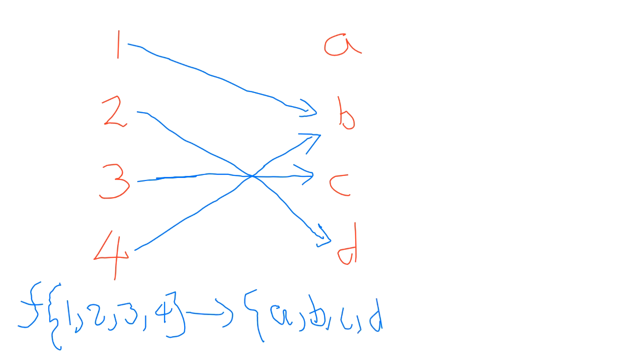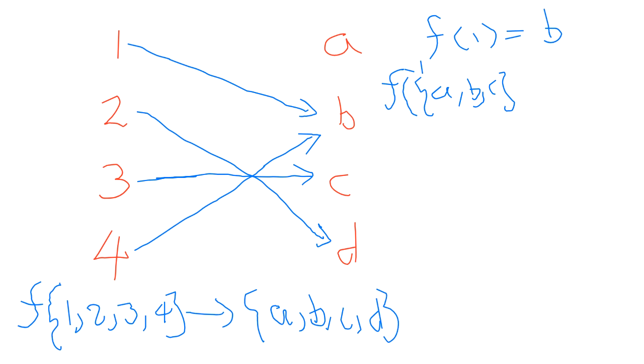To specify directly, the direct image obtained from 1 is B. If I wanted to write the inverse image, that's a negative 1 at the top. The inverse image of the set ABC would be the set what?